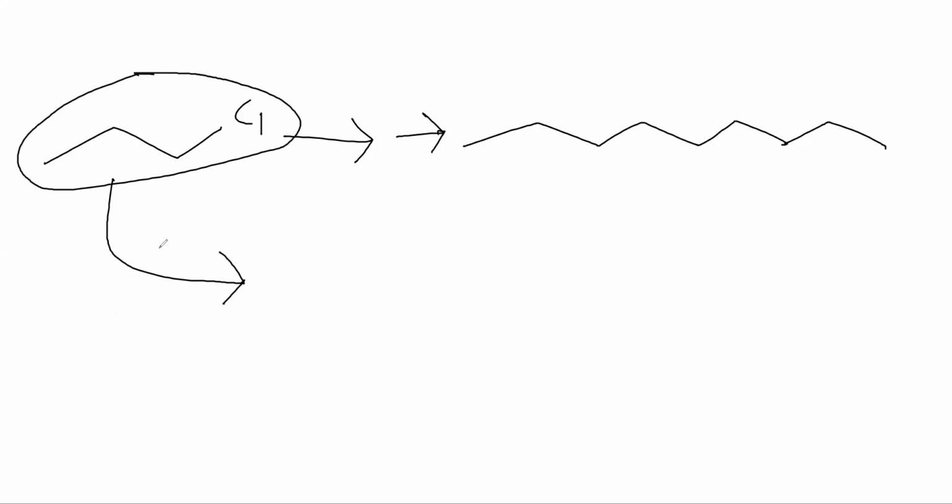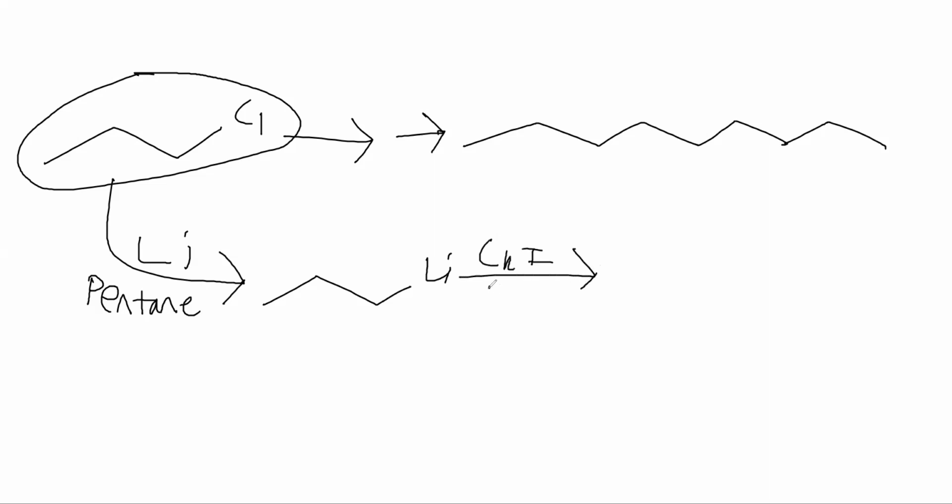To form a Gilman reagent, you take an alkyl halide and you react it with lithium, and pentane can just be a solvent. That's going to lead to this forming. And then once you have the organolithium, the next step is reacting it with copper iodide in an ether solvent.